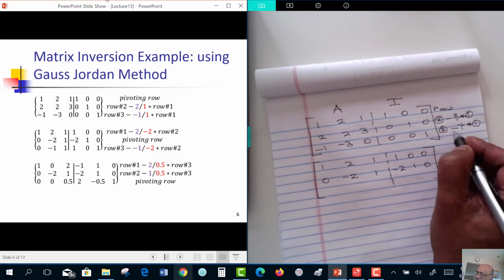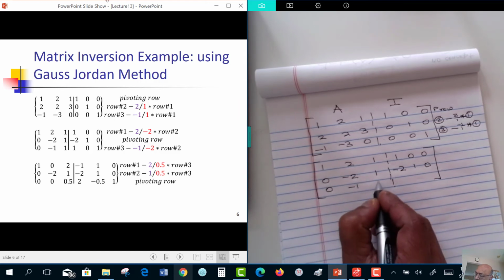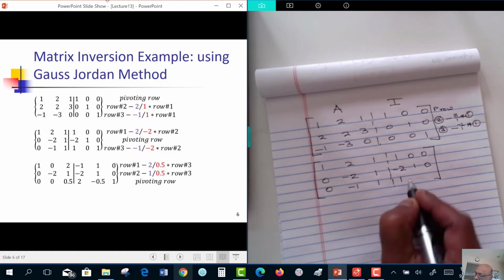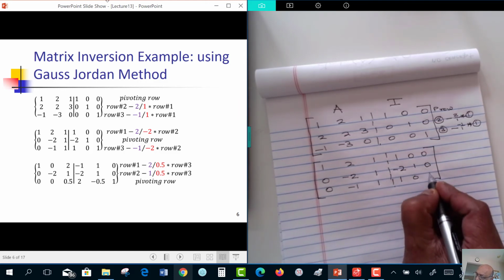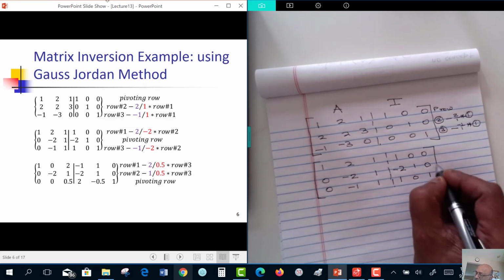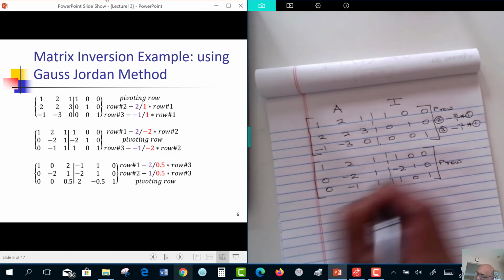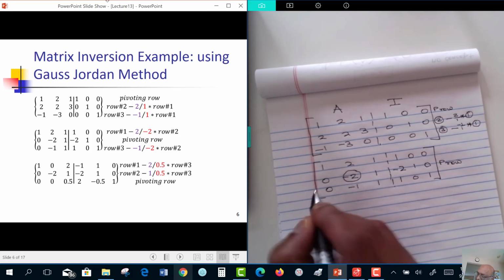From third and first, we are going to add them. So we got our zeros here. Now this becomes our pivoting row. This is our pivoting element.